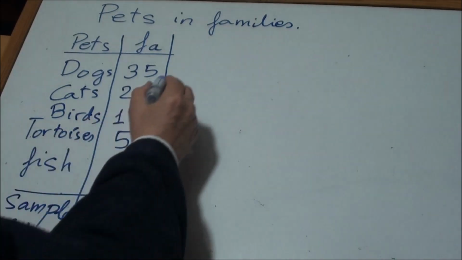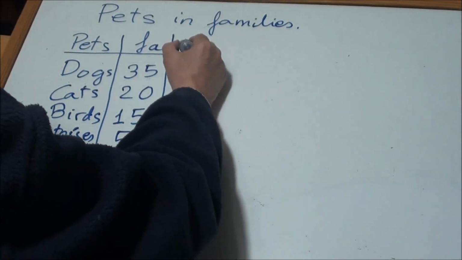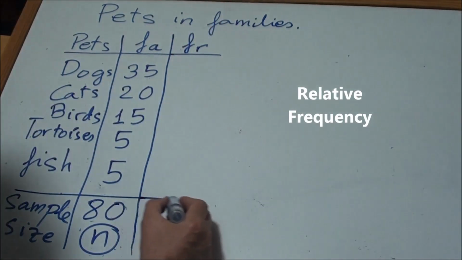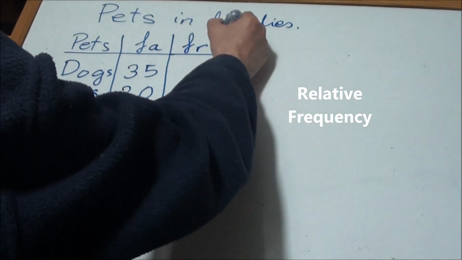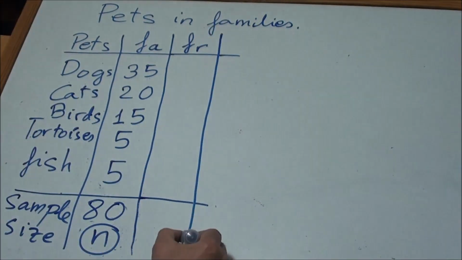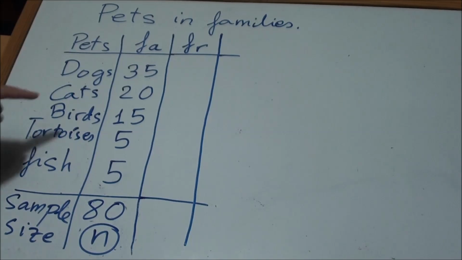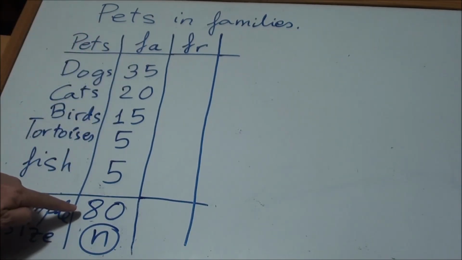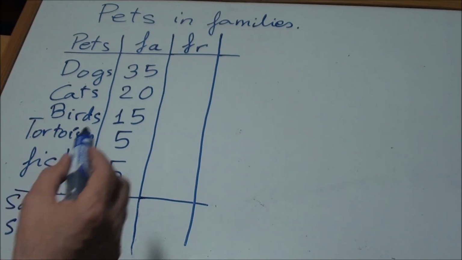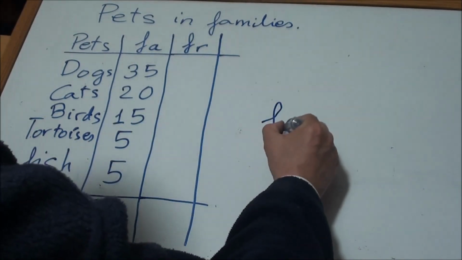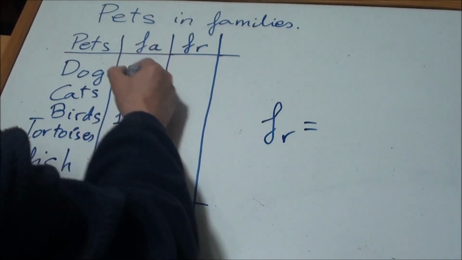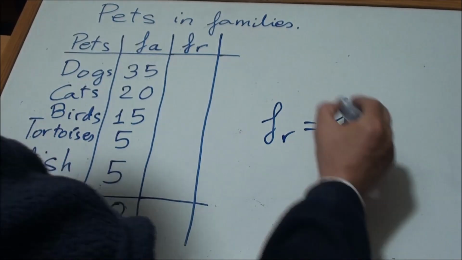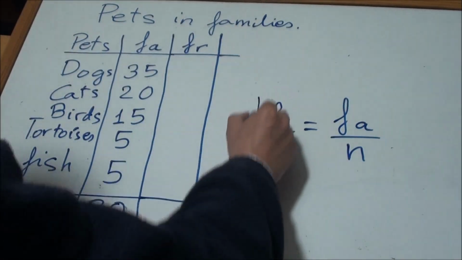And now we are going to find what we call the relative frequency, FR. To find the relative frequency, we divide the absolute frequency by the sample size.